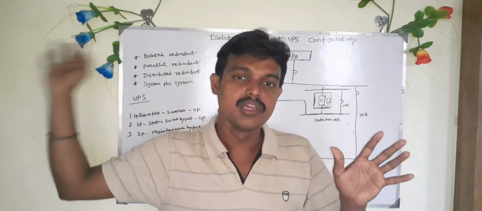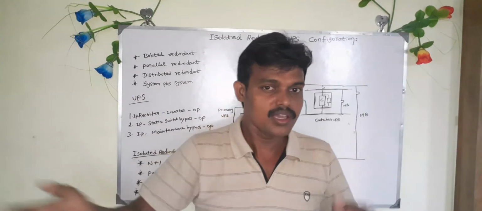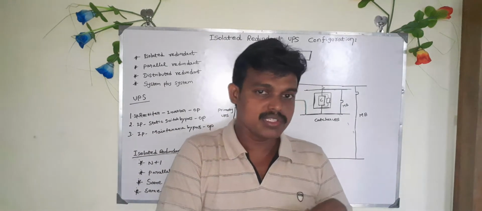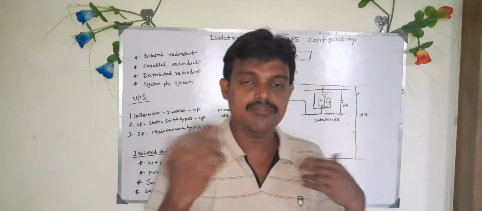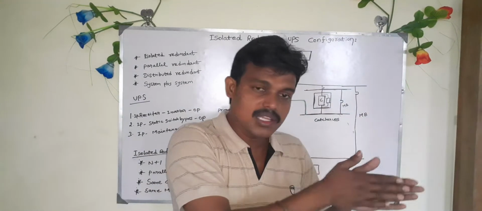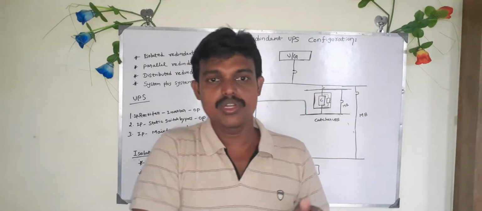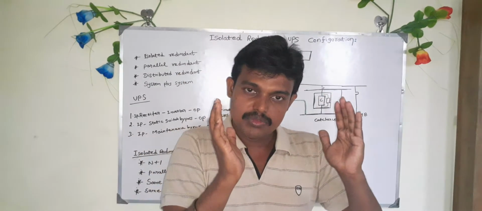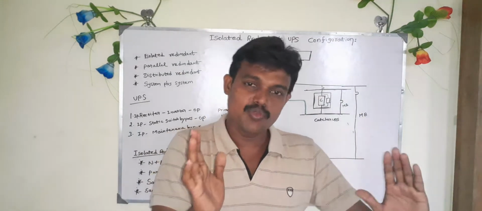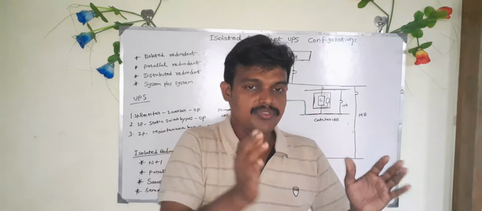Whereas in double conversion mode, that is the rectifier and inverter way, if any low voltage or undervoltage occurs, the UPS generally withstands some voltage level. For 380 to 450 volts it will withstand.